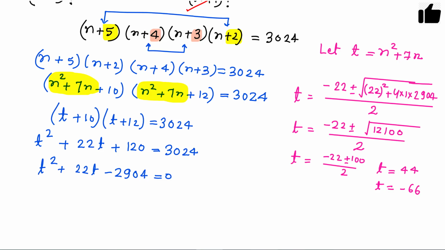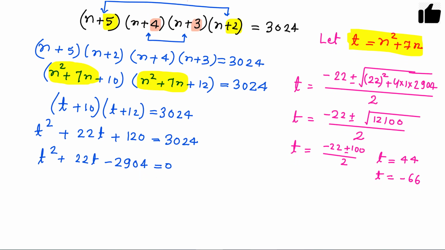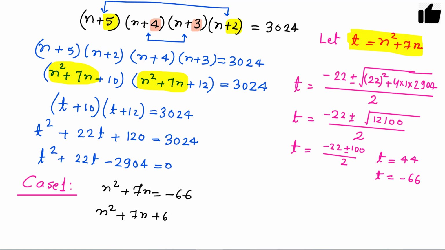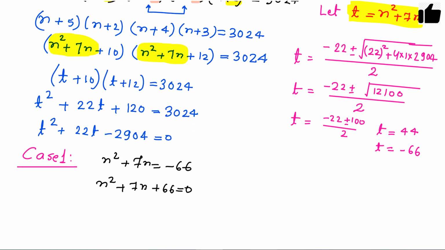Now what was t? t was n^2+7n. So let us do the back substitution. We will have two cases. In case 1, I will consider the root -66, that is n^2+7n equals -66. This means n^2+7n+66 equals 0.